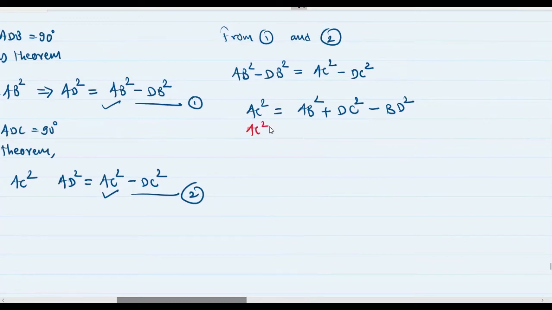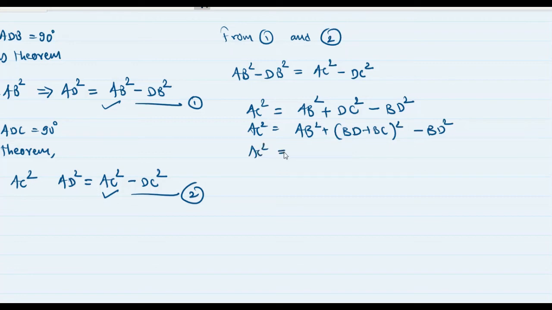So AC square is equal to AB square. See, this is your learning, so don't just give up that this is very tough. This is how Pythagoras theorem and its applications are. AB square plus DC becomes BD plus BC the whole square minus BD square.